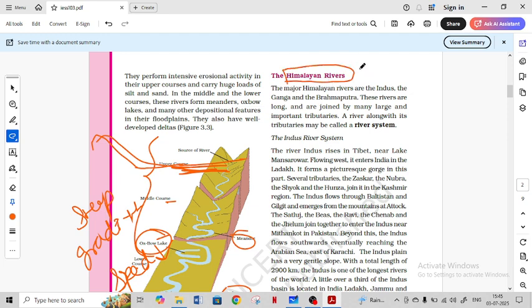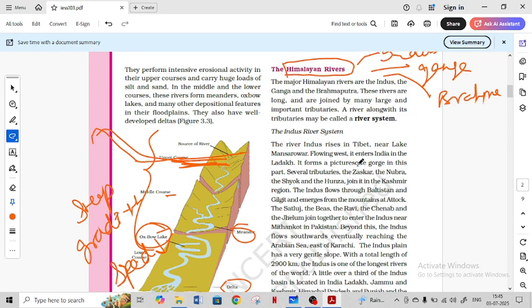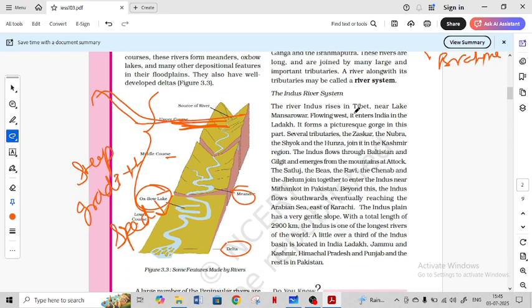Next, we're talking about the Himalayan river systems in detail. In the Himalayan river system, we'll find three river systems: Indus, Ganga, and Brahmaputra. When we talk about the Indus, what is important, and comes as an MCQ question, is its origin. It rises in Tibet near Mansarovar Lake, and it forms a gorge in the same part. It has tributaries like the Zaskar, Nubra, Shyok and Hunza.